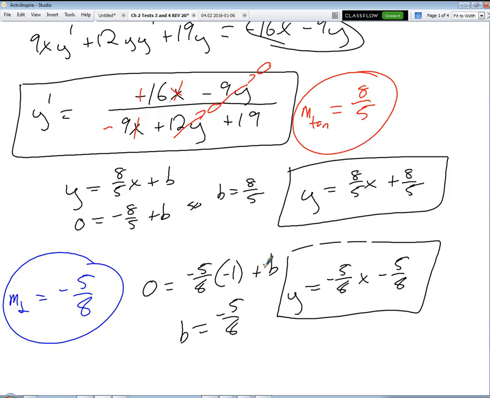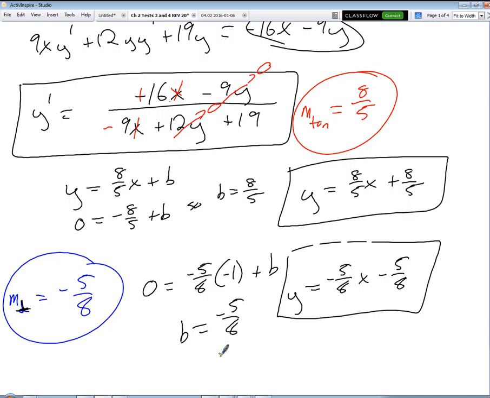Top's tangent. Okay. Yeah, bottom's the normal line. What's the, in the blue M, is that a J? That's a perpendicular sign. Okay?